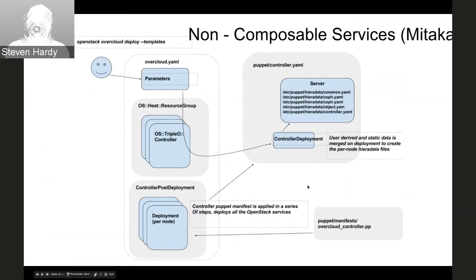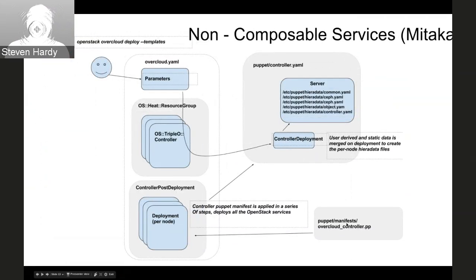So this worked pretty well, but the disadvantage is you had a hard-coded expectation around what services would be deployed on what role. So, for example, if you're going to have the Heat API service deployed on a controller, we'd have hard-coded references to hieradata configuration for that. And then during the post-deployment phase, when we applied Puppet, the same problem existed.